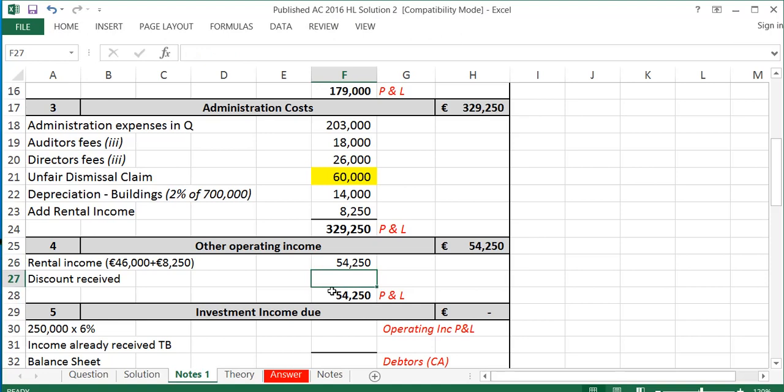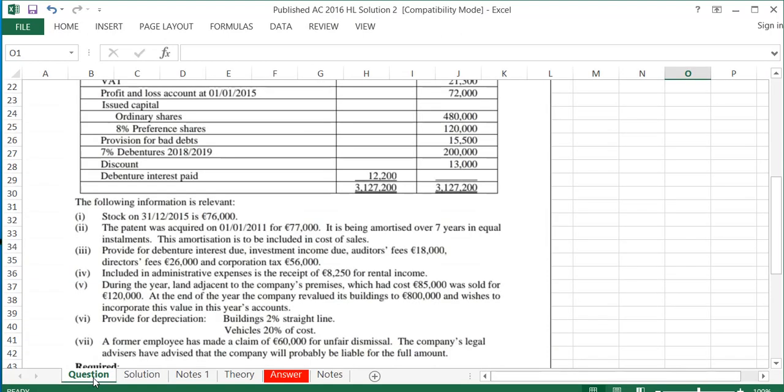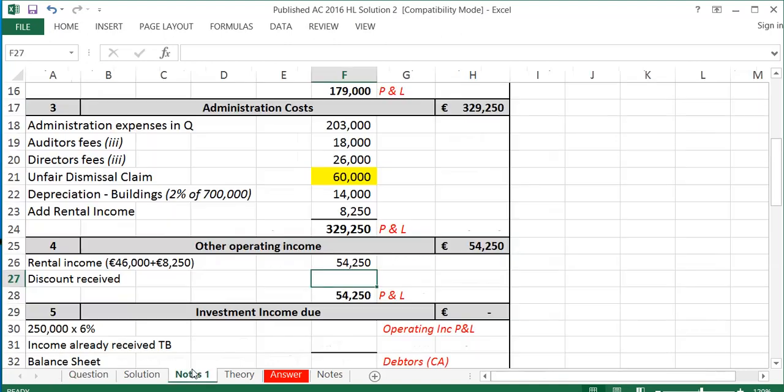And I also received a discount. Now again, as we said before, when we're talking about the question ones, with discounts and rent and commission and stuff like that, you need to be careful because they can be either income or expenses. This here is a credit balance, so it's income, it's a discount I received. Whereas if it was a debit balance, it would be a discount that I gave and it would be a selling and distribution expense. But in this question, it's income of 13,000.